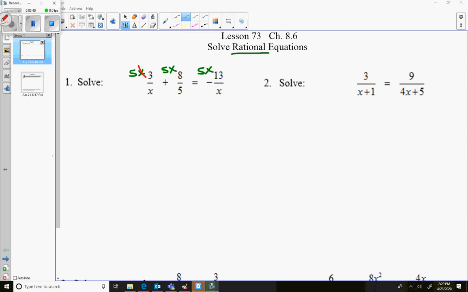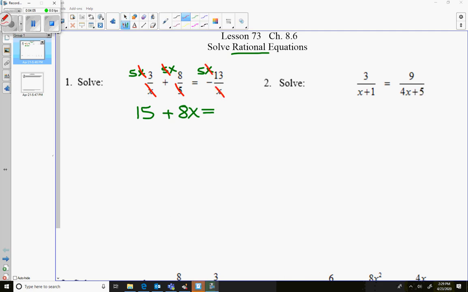So for the first one, the x's cancel. So we are left with 5 times 3, which is 15, plus second term, the 5's cancel. So what we're left with is x times 8, which is 8x, equals.